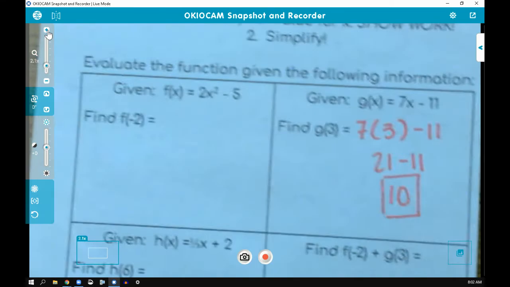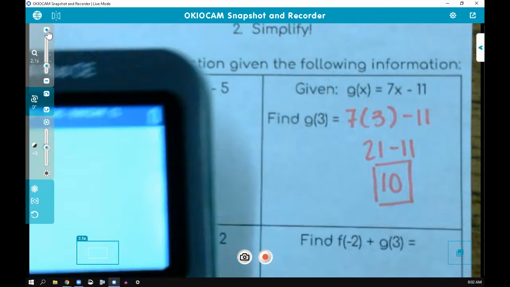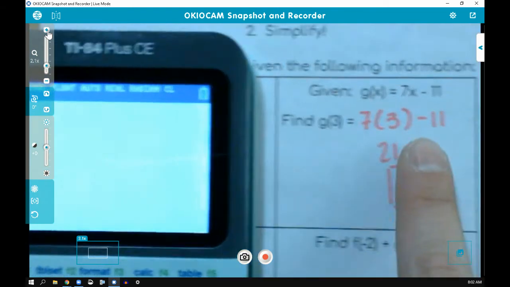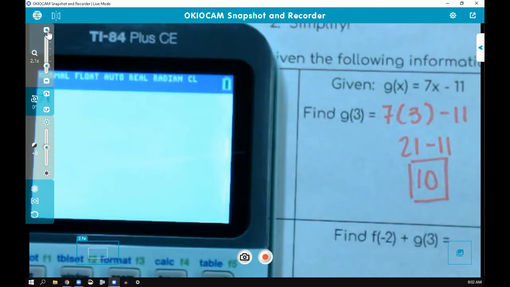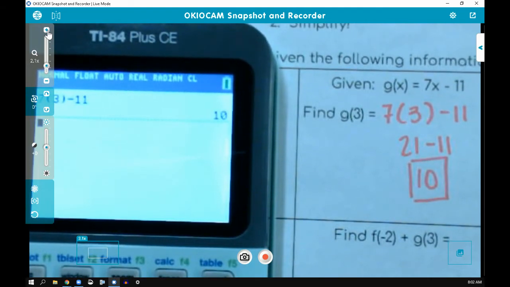We could also, if we wanted, write down 7 times 3 minus 11 and then plug that into a calculator. So I do 7, open parentheses, 3 minus 11, and I would get 10 as well.